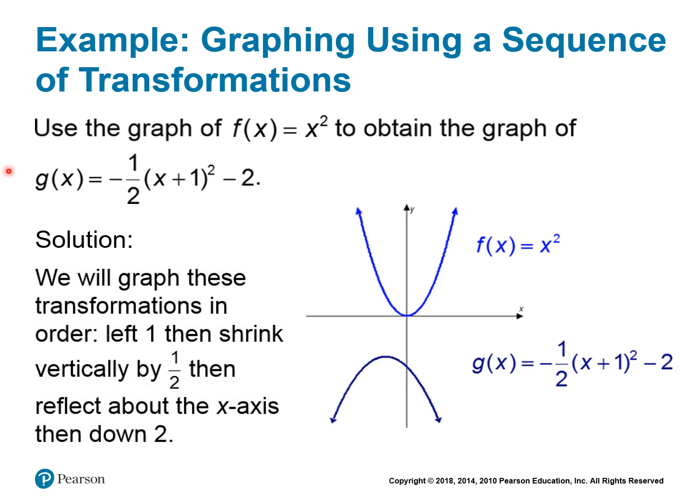And then we talked about vertical stretching and shrinking, and then finally horizontal stretching and shrinking. So let's see how many of those are combined in this function here. I'm going to write out the forms of the different transformations that we learned. Unfortunately, there's not much space here, so it's going to be a little bit congested.